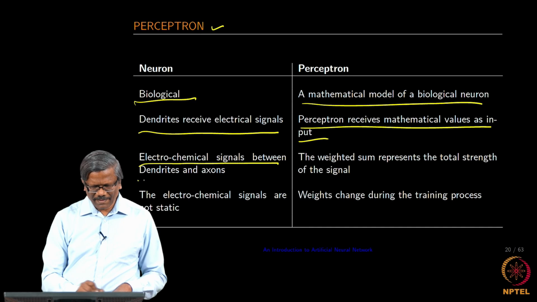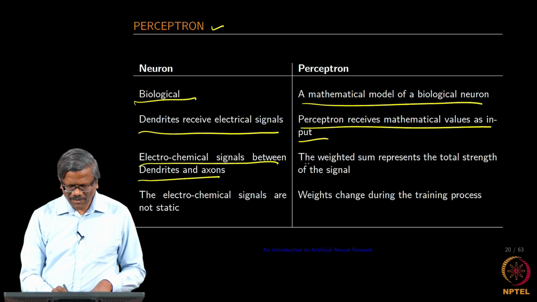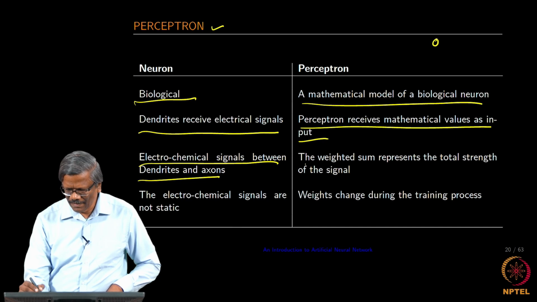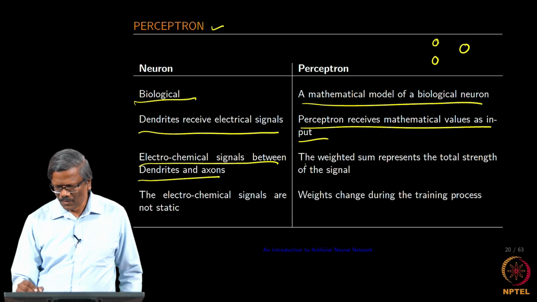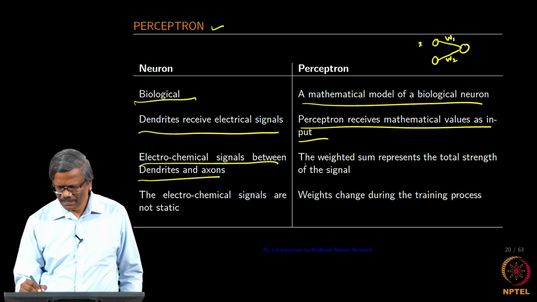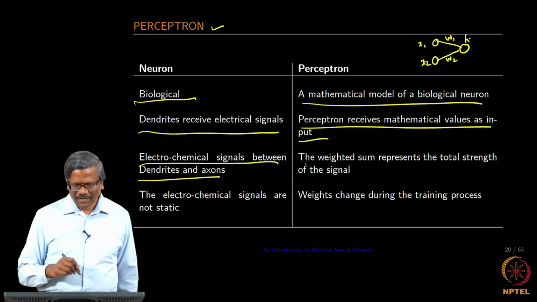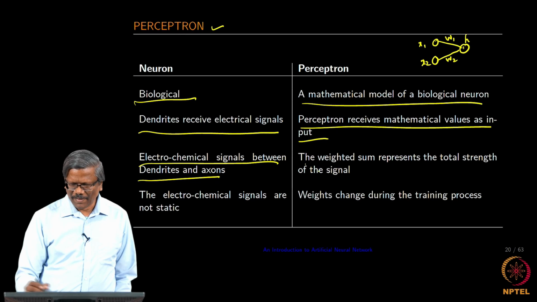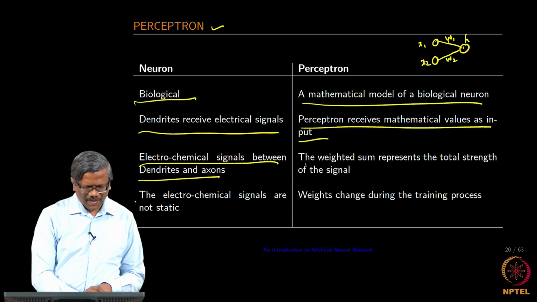Whereas electrochemical signals pass between the dendrites and the axon, in the perceptron, let us say this is your neuron, we connect with certain weights. The strength of the signal is represented by these weights, in the same way as in the biological neuron.